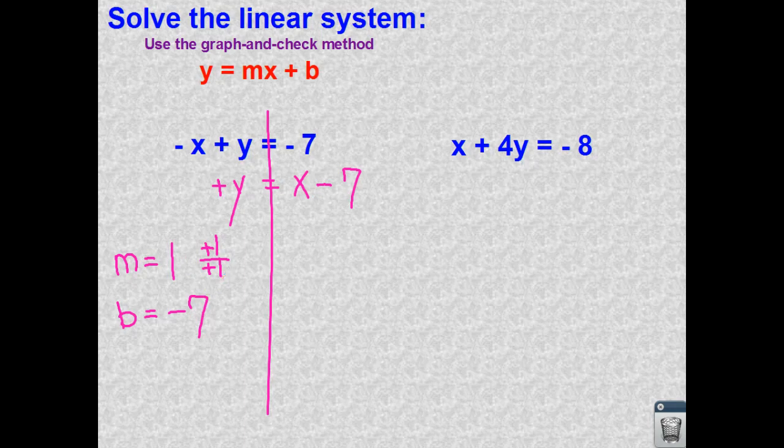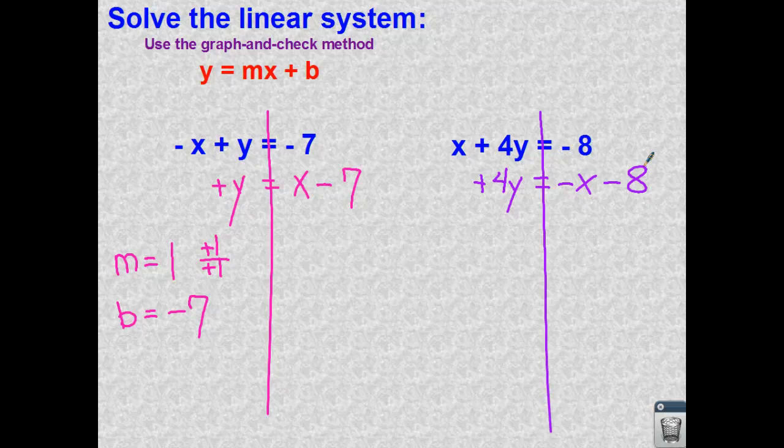All right. The second equation, if we're solving, stabilize the y. Take that x term, which was positive, throw it to the right side, it becomes negative x. Don't change your value on the right, it remains -8. And now we have a coefficient that's greater than +1. So we need to make sure that we turn this +4 into a +1.